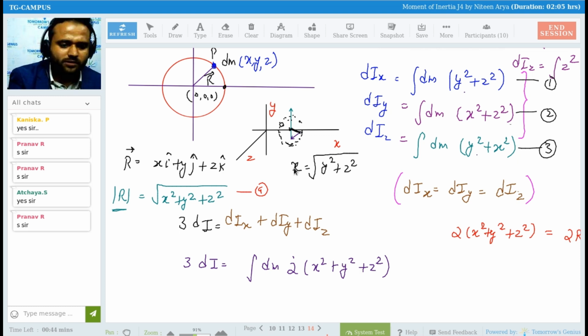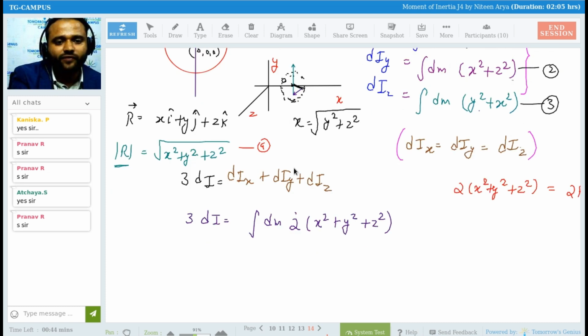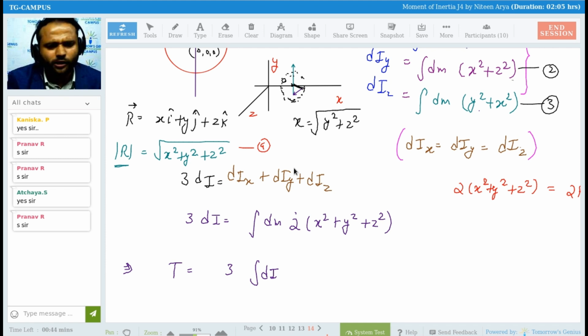Now you can easily find that if I want the total moment of inertia, which is I, that is going to be 3 into the integration of dI, obviously from 0 to r, from point 0, 0, 0 to x, y, z, which is a particular point P. So everything we have, this small mass can be converted into 2r square, and this small mass can be converted into the full mass.